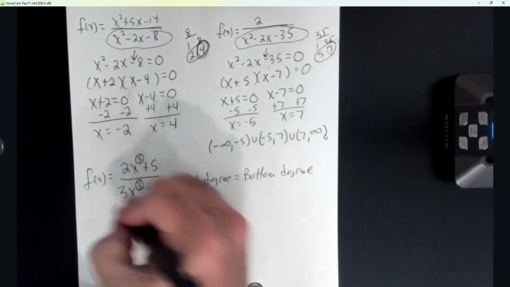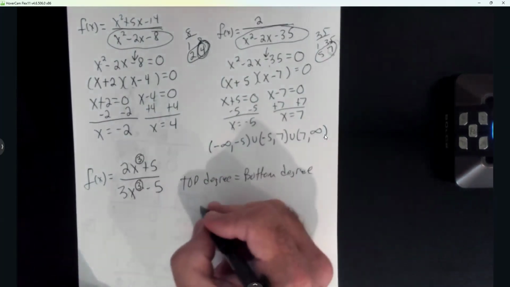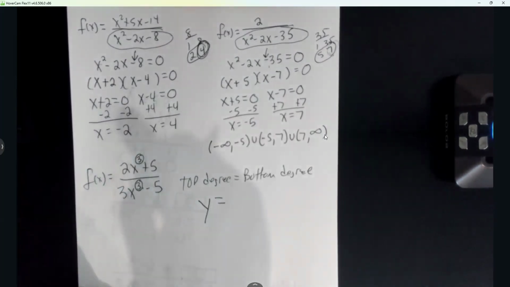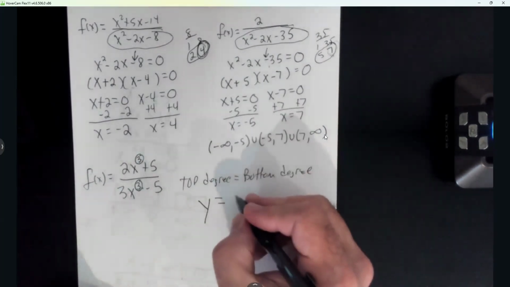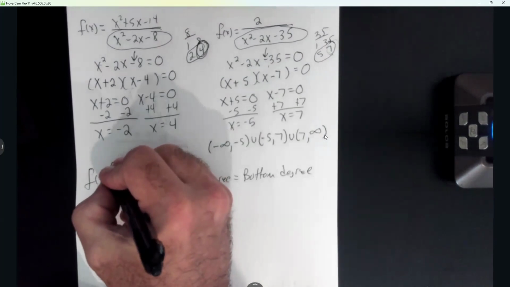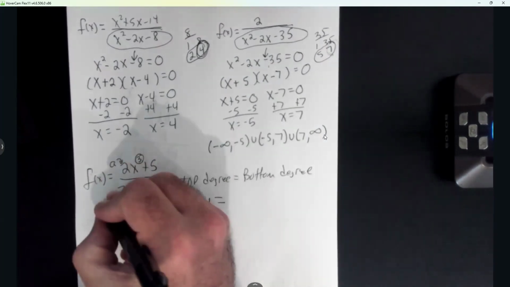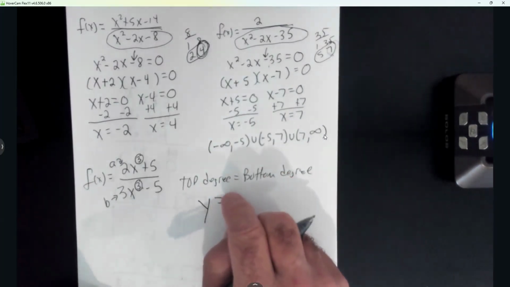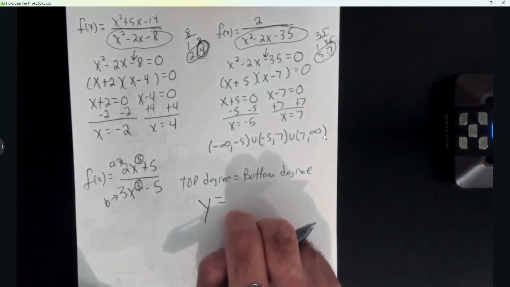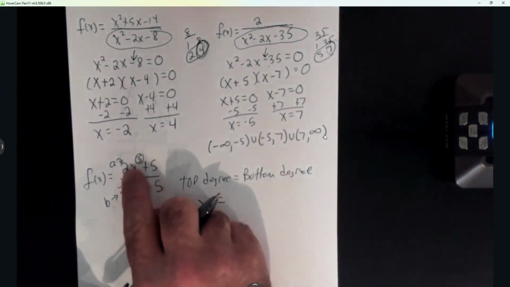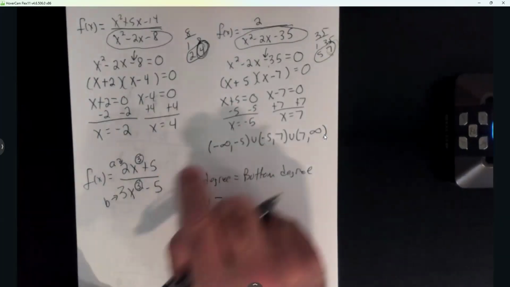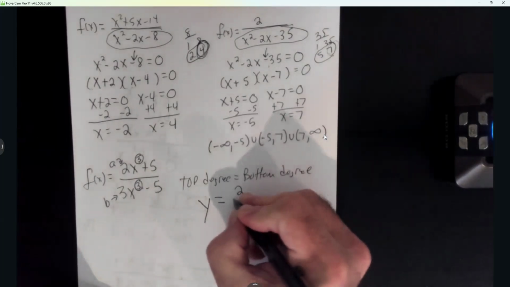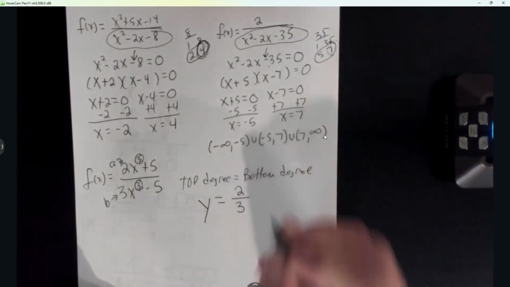So that means now the horizontal asymptote is going to be y equals a number. Well, remember, y equals a over b. A is going to be the 2, b is going to be the 3. So remember, it's always the top over the bottom. If there wasn't a number there, I'd have used a 1 for these, okay? But I do have numbers here. So the top one would be a 2, the bottom would be a 3.